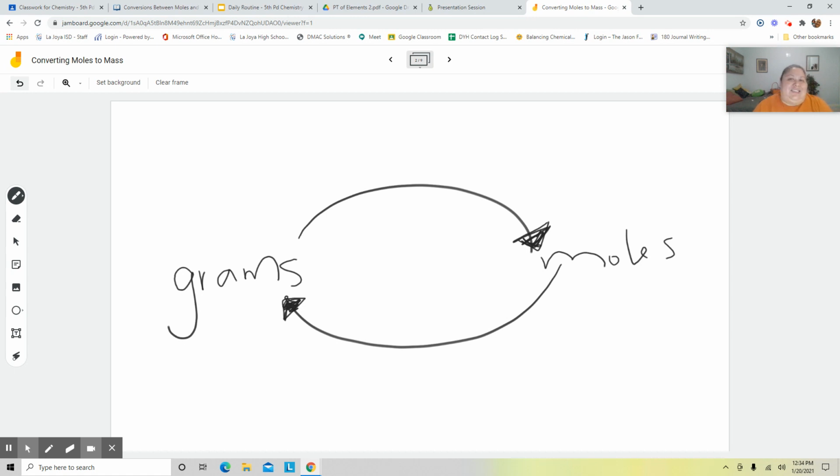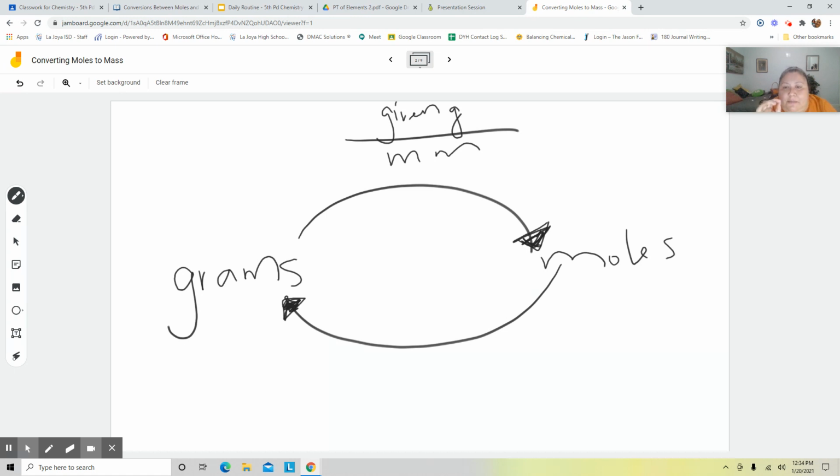Anytime you are given grams, I'm going to put up here "given," and this means what you're given in the problem. If you're given grams, you will divide your given grams by your MM. What does MM stand for again? Jeremiah, you said it earlier. Molar mass. Did you hear what he said?